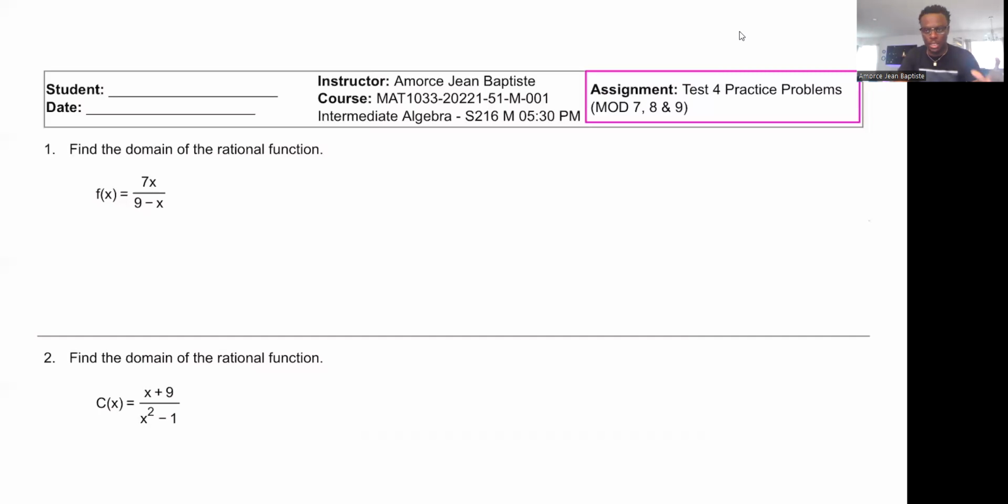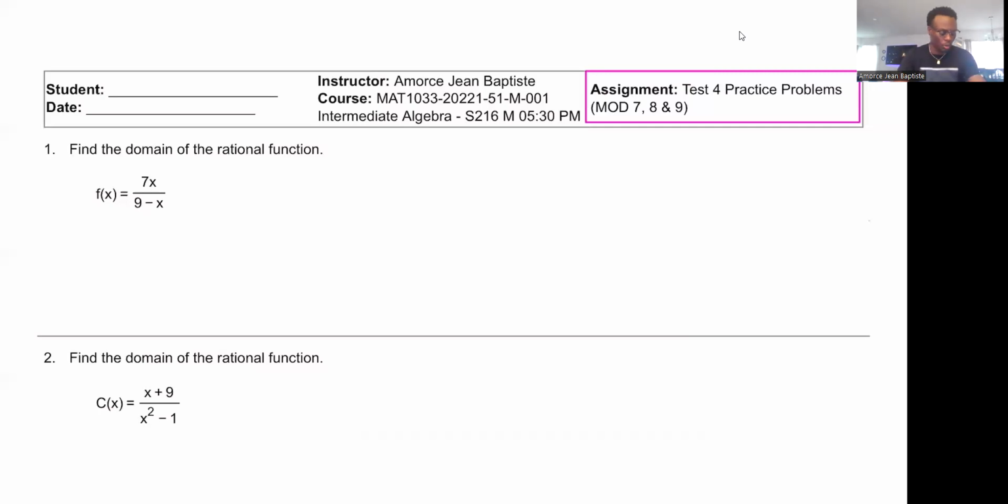But I guarantee you, if you can get 85% of you doing these questions of the practice, there is nothing that will stop you from getting a decent, or why not a perfect score on your test number 4.